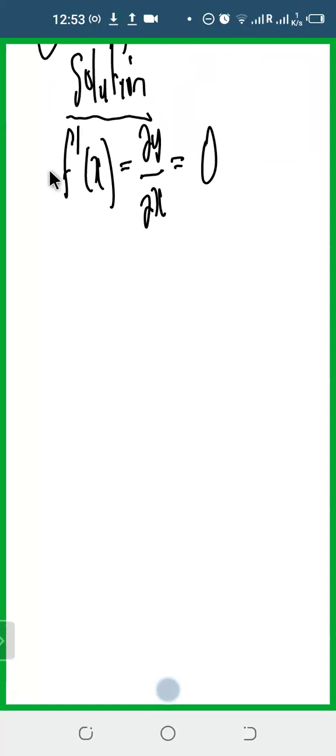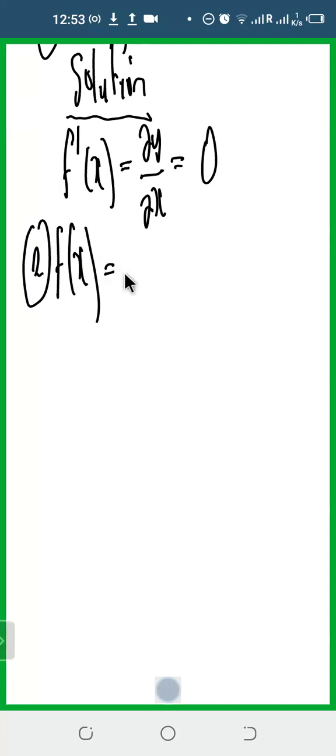So second question, that's number 2. We have f(x) equal to x raised to power 7. So our f prime x will be equal to what?